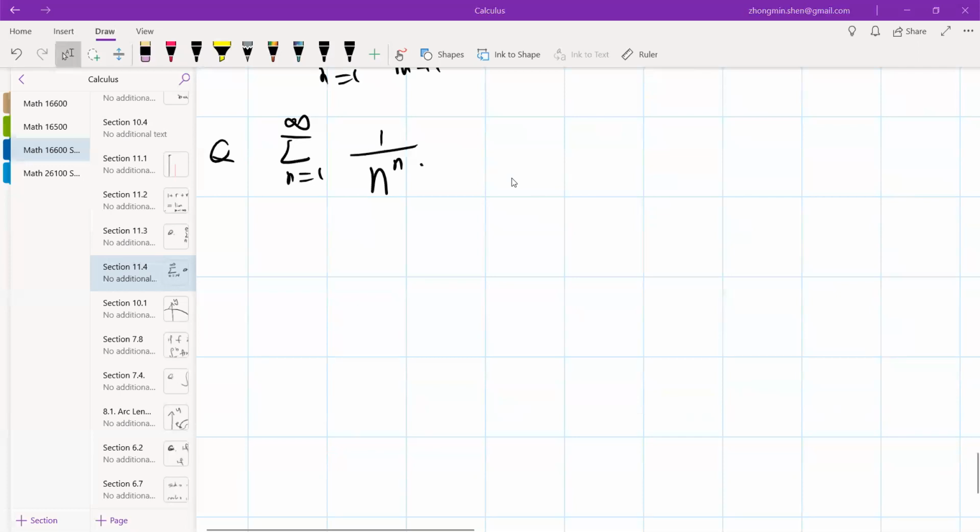Convergent or divergent? Yes? Divergent. Just a guess? No. 1 over infinity.